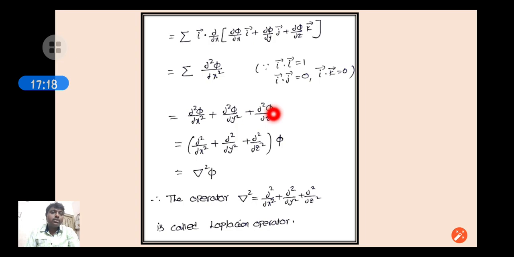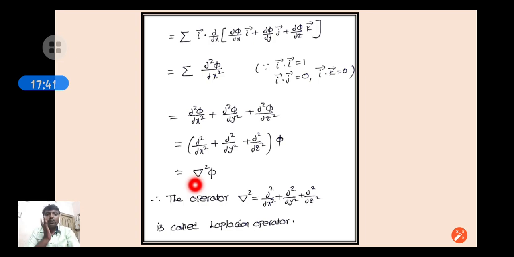Phi is common to all, so taking it on the right hand side, that is equal to (∂²/∂x² plus ∂²/∂y² plus ∂²/∂z²) of phi. This operator is called the Laplacian operator. This is represented with del square.